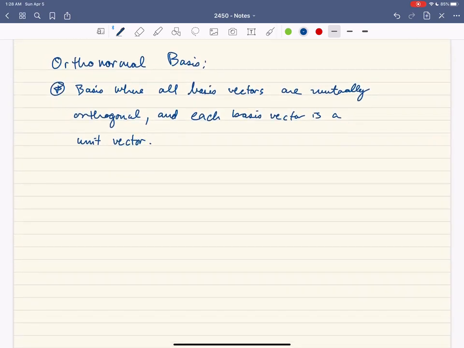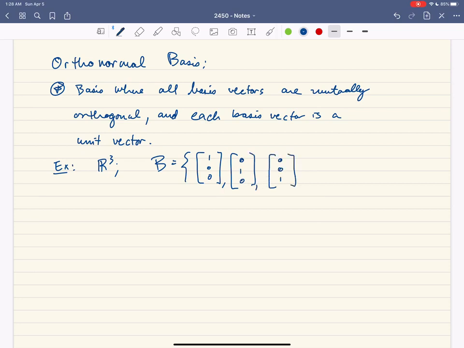And so, for example, when you think about the standard basis in, say, R3, you'd end up with 1, 0, 0, 0, 1, 0, 0, 0, 1, so i, j, and k.